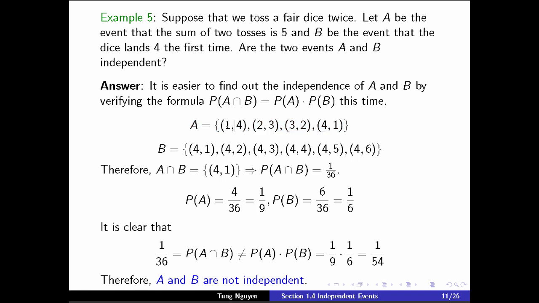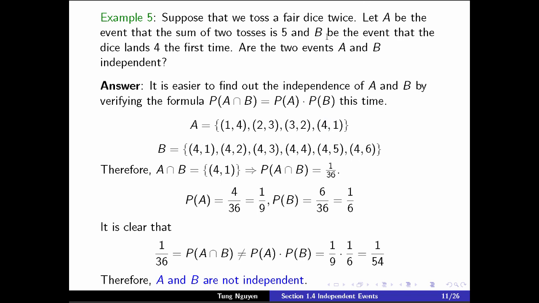We can only have 1, 4, 2, 3. It cannot be any other option. And then we change the roles of the dice. So first die is 3, second die is 2, and then first die is 4, second die is 1.